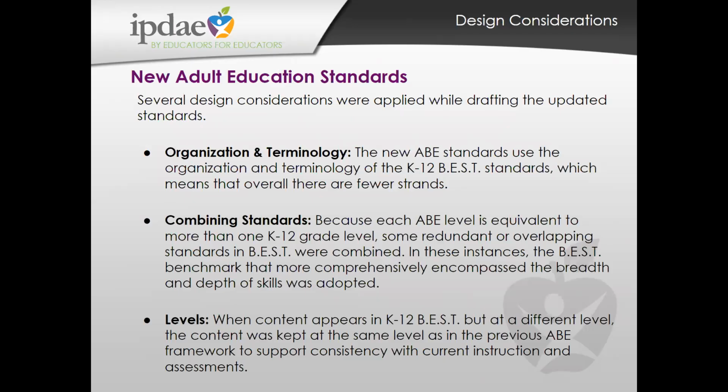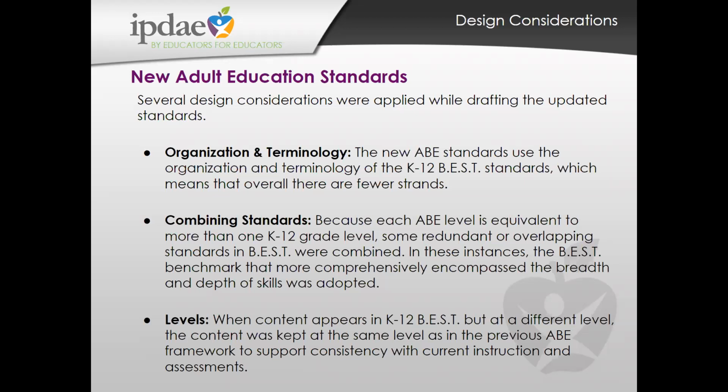So as we tackled this work, we really wanted to make sure that we had some design considerations to consistently apply to the development of the new standards framework. And so the first principle that guided and informed our work is around organization and terminology.